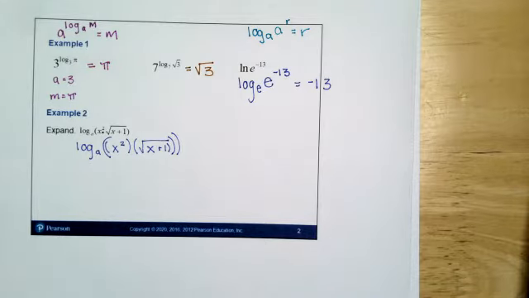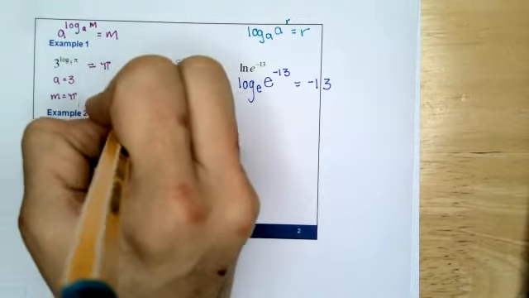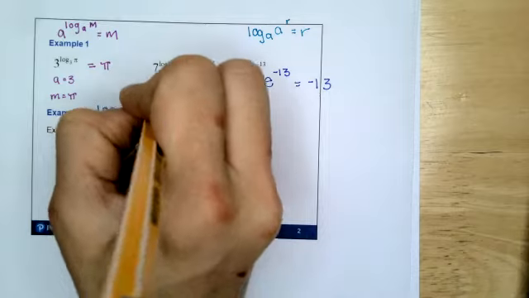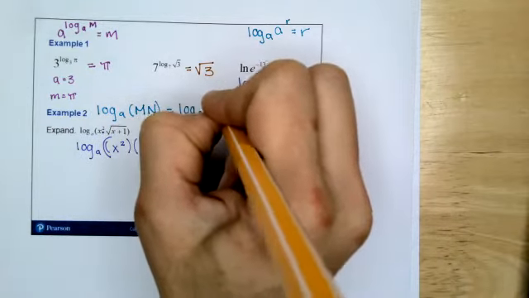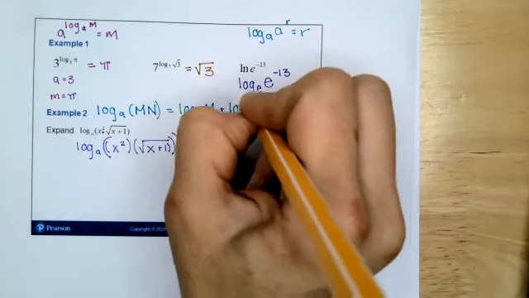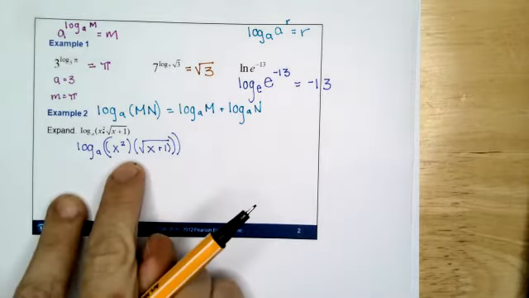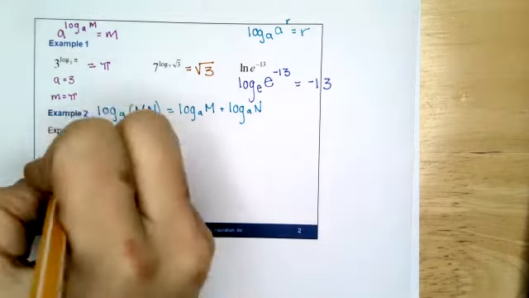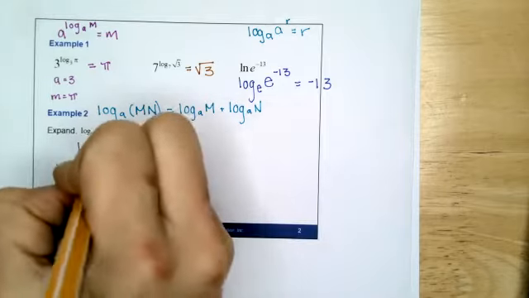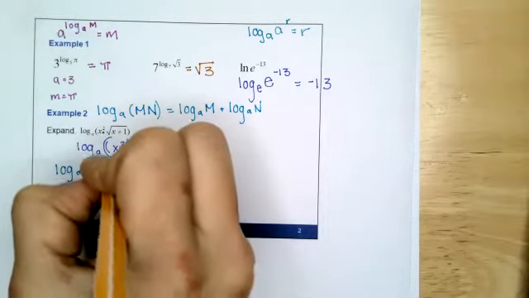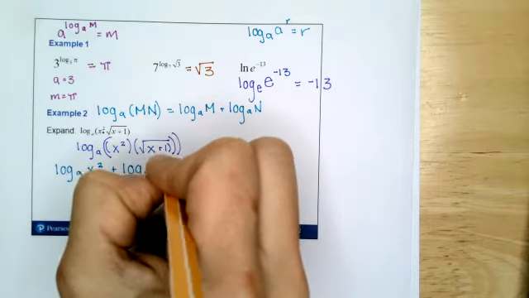That rule is, I'll write it down. The rule we're using here is log base a of m times n can be expanded to log base a of m plus log base a of n. So this can become log base a of x squared plus log base a of the square root of x plus 1.